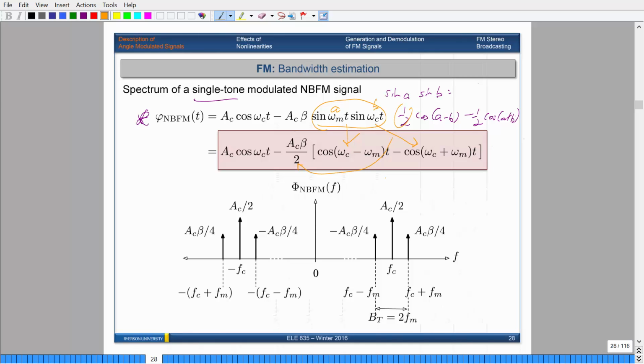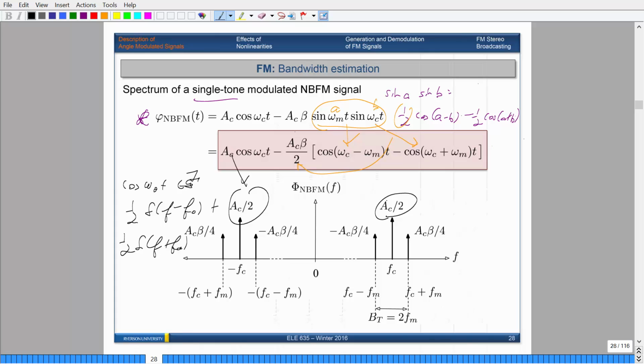Now if you wanted to take the Fourier transform, if you remember the Fourier transform for a cosine omega naught t, in terms of f, it's a half delta f minus f0 plus a half delta f plus f0. So you have two impulses defined at fc, which are scaled by a half. That's what the AC over 2 is for.